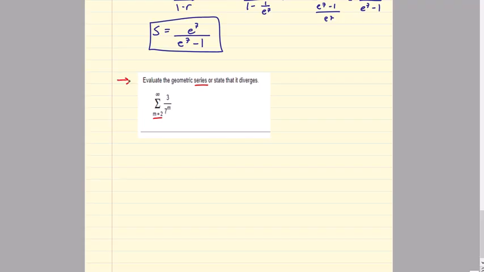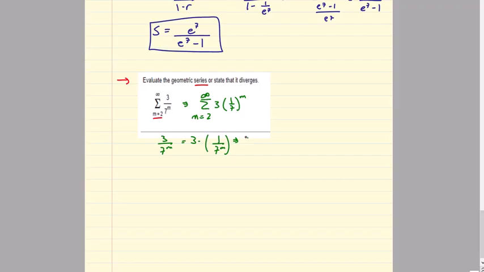So to get started, I would want to rewrite. So when I rewrite, I need to remember that I'm starting with m equal 2 to infinity. And then I have a 3 that's out front, so that's my a. And then I'm left with 1/7 to the m. So this 3 over 7 to the m, I could pull the 3 out and I'm left with 3 times 1 over 7^m.